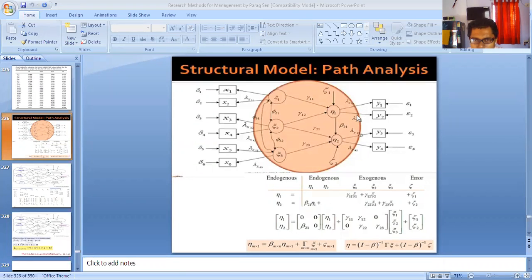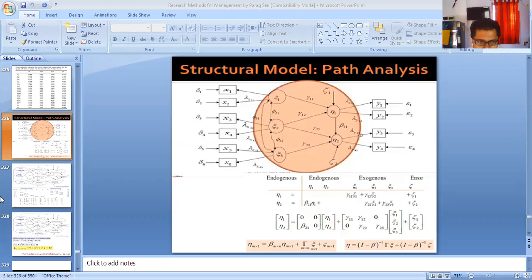Now your intention is to find out the values of gamma 1 1, gamma 1 2, gamma 2 3, gamma 2 2, beta 2 1. These path coefficients you will be finding now from the path analysis model.